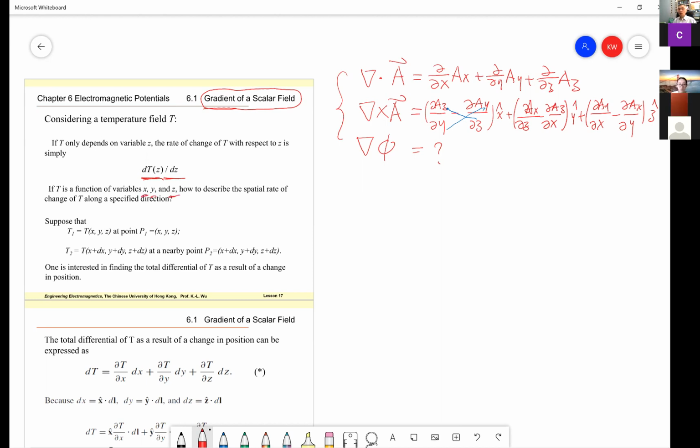Then how to describe it? Say at point 8.1 I have a temperature I call T1, and at 8.2, slightly shifted in x, y, and z, the temperature is called T2. Then what is the description?